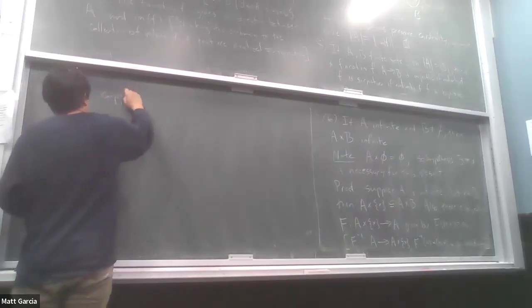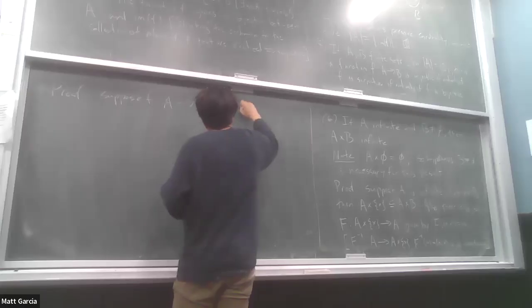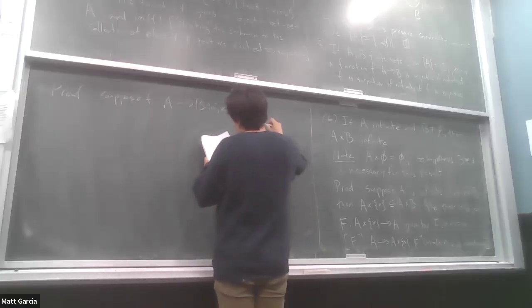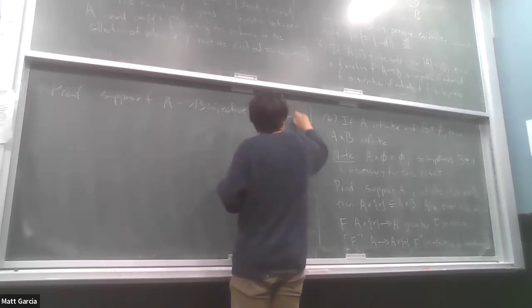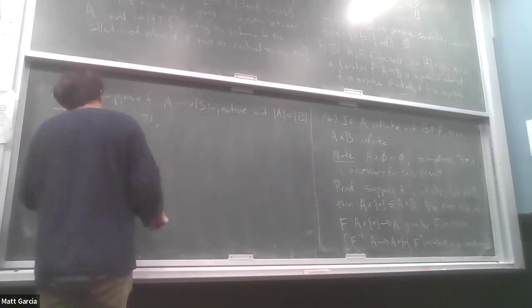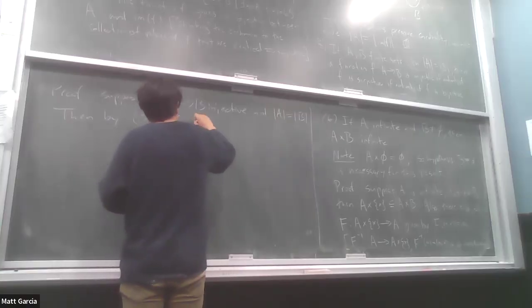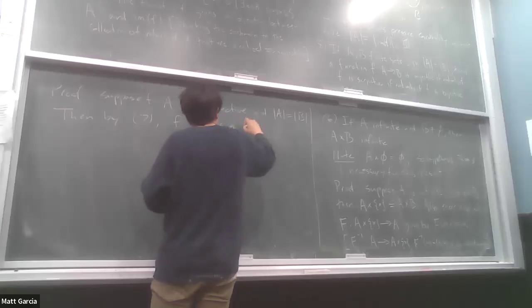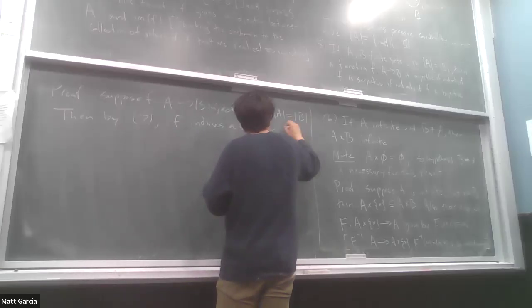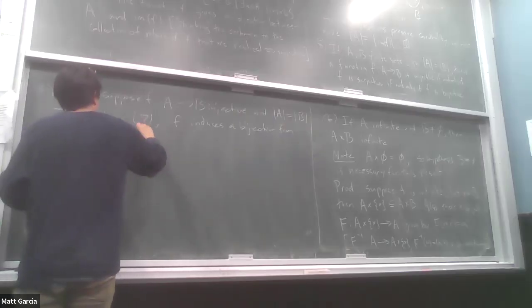Okay. So, for the proof, let us suppose f going from A to B is injective, and the cardinality of A is equal to the cardinality of B. Then by 7, we know f induces a bijection from A to the image of f.